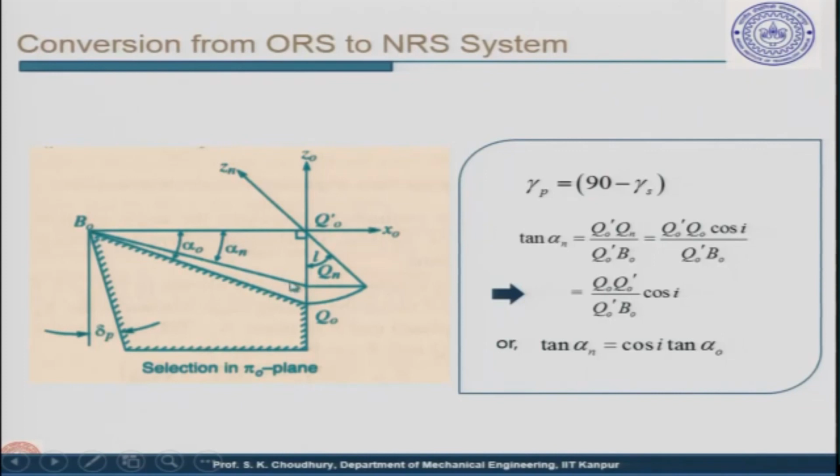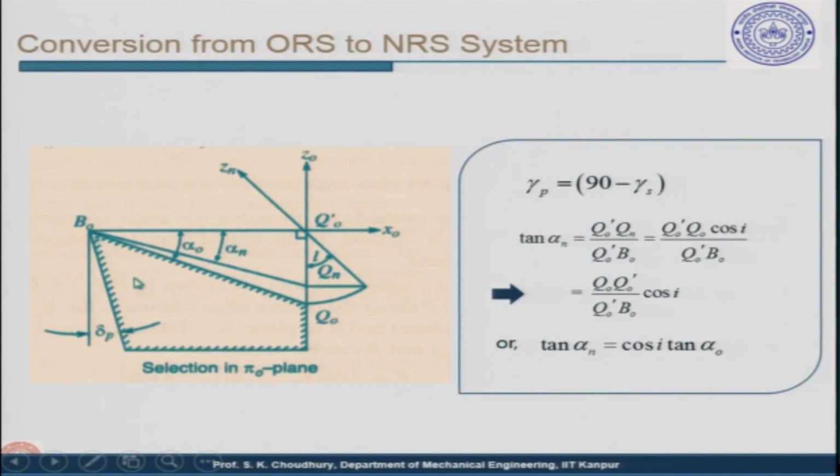Therefore, this inclination or this face will be the rake face in the normal rake system, and the angle between the inclination of the rake face here and the line perpendicular to the cutting velocity vector will be the normal rake angle.